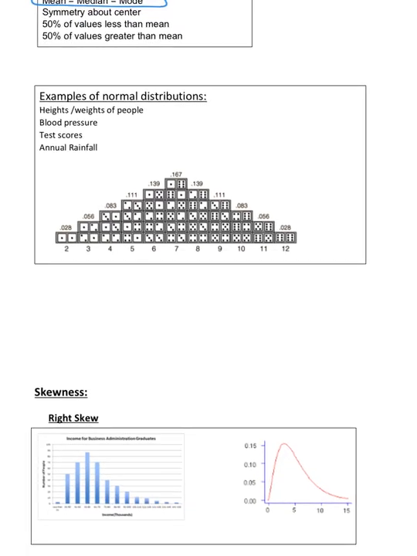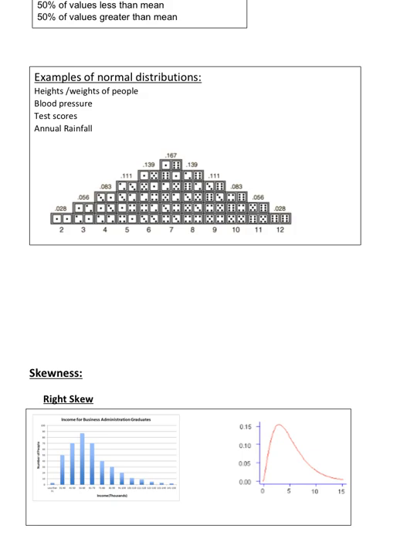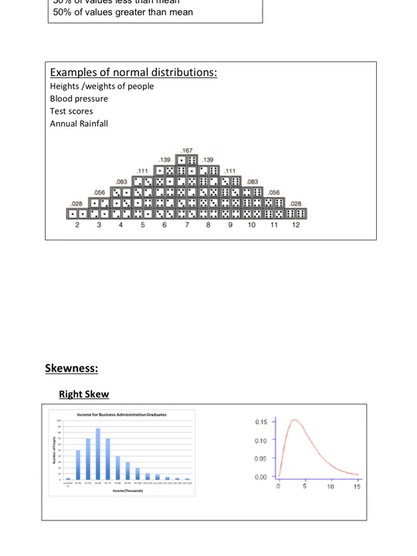In the world, in nature, you'll see that they tend to be normally distributed. So if you roll dice, this is what this image is showing you. If you roll 2 dice, you'll see that very few times you get 2 6s, very few times you get 2 1s, but the distribution ends up being like this, where 7 is the most common, and then from there it decreases on each side. Blood pressure, heights and weights of people, test scores, annual rainfall.